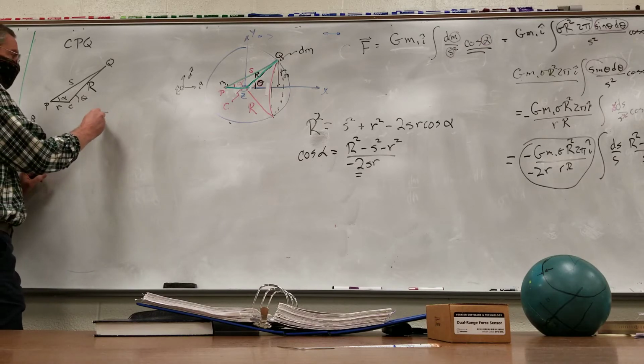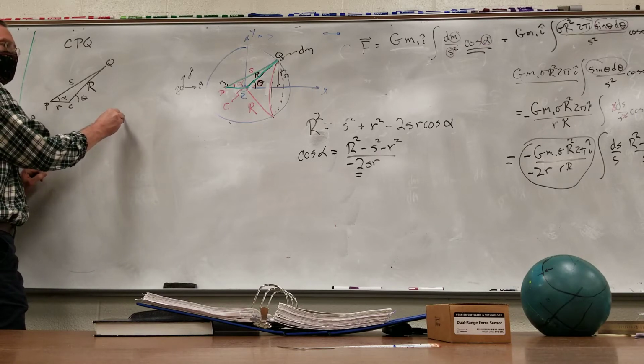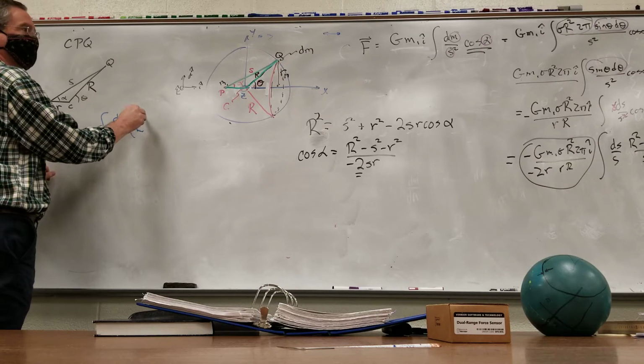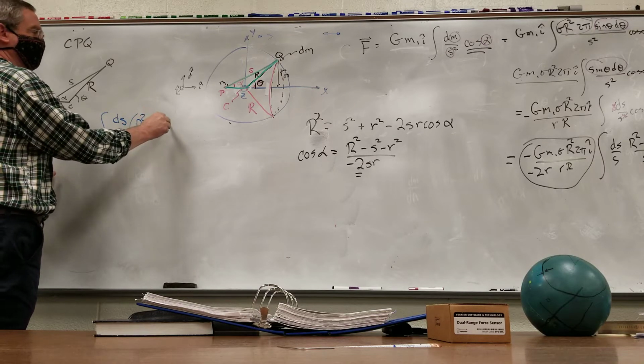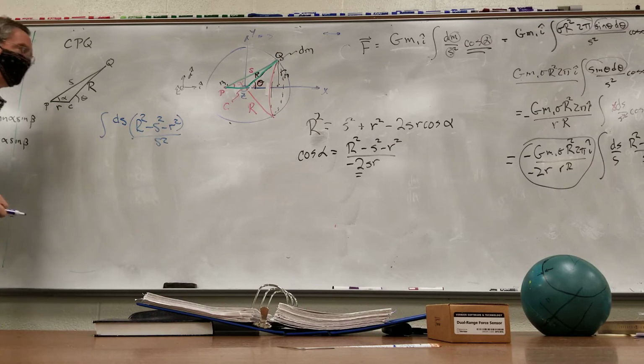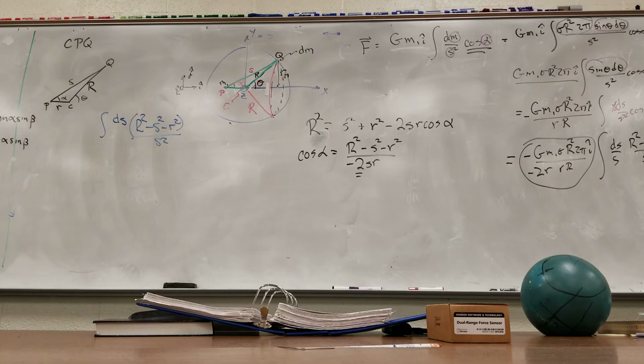So that integral, ds times big R squared minus s squared minus little r squared over s squared. We now have it down to a single variable because big R and little r are both constants. So now we can know our limits of integration. What is the smallest value of s and what is the largest value of s?